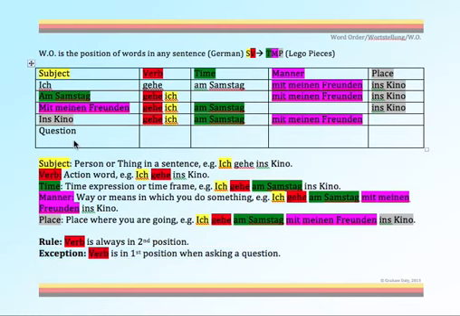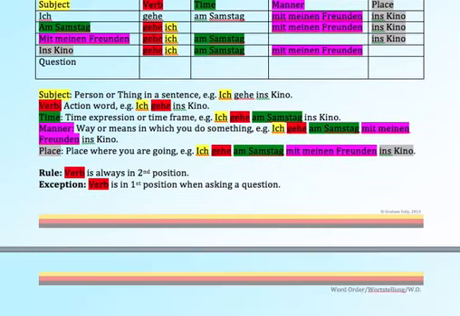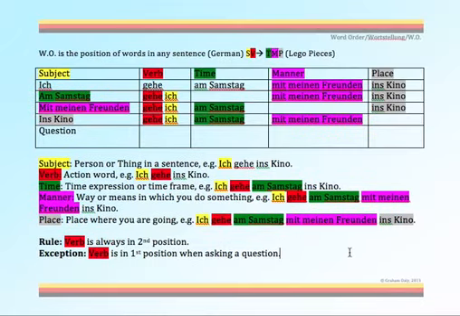So if I were to say you are going on Saturday to the cinema, it would be du gehst am Samstag mit meinen Freunden ins Kino.